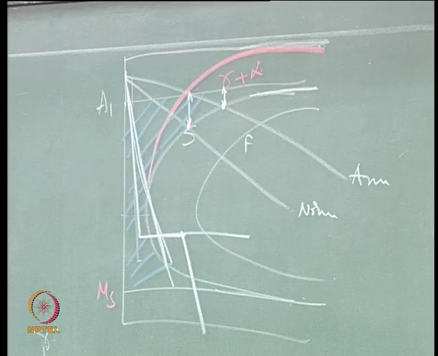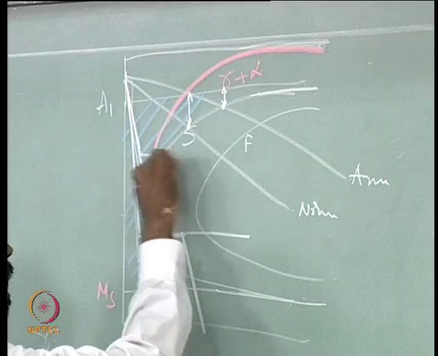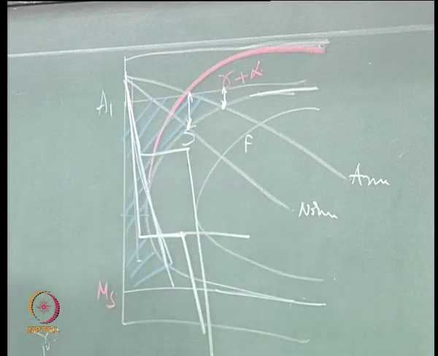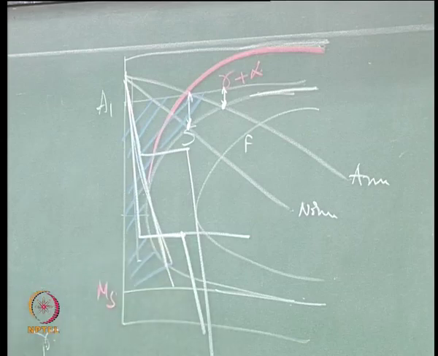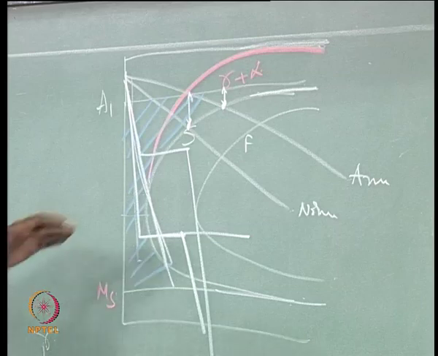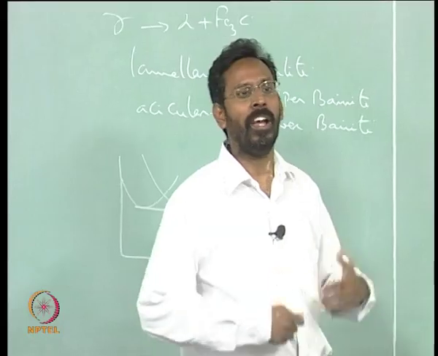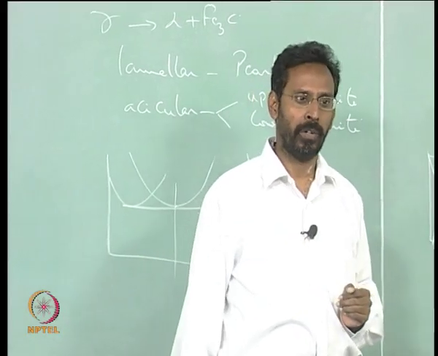Bainite plus martensite, not pearlite plus martensite. If you hold it here and then quench it, you get pearlite plus martensite. If you hold it here and then quench it, you get bainite plus martensite, because below the nose, as we already discussed yesterday, the morphology of the ferrite is different, you do not get lamellar.